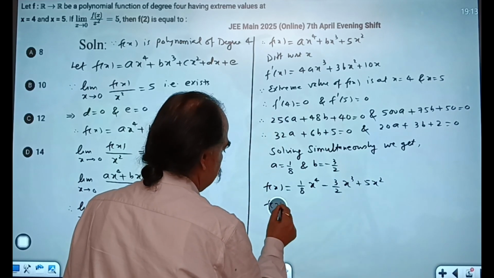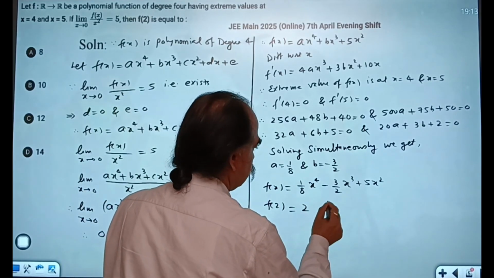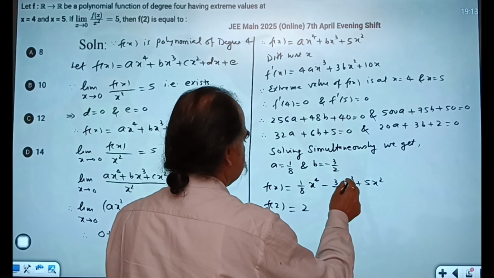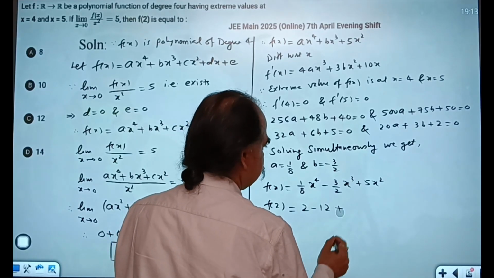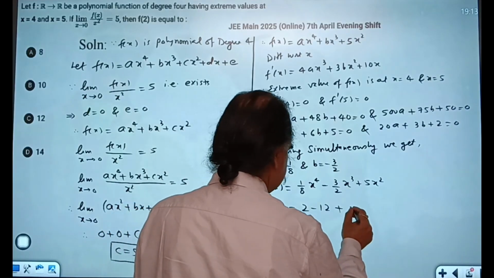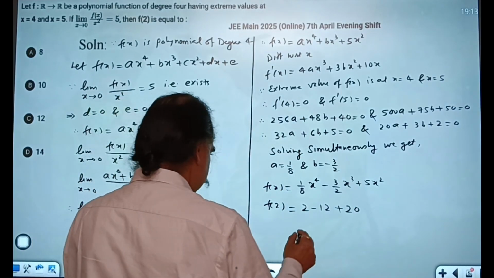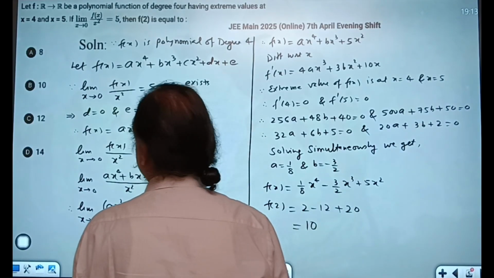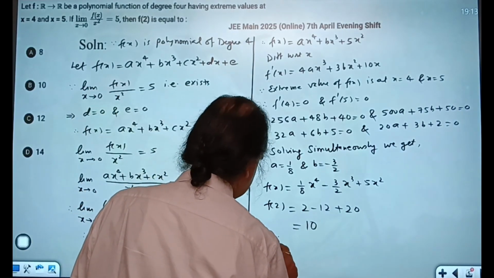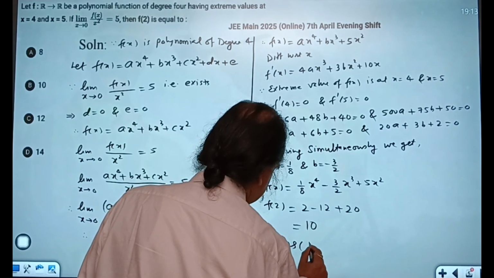Then f of 2 will be 16 by 8, which is 2, minus 3 by 2 into 8, which is 12, plus 5 into 4, 20. So the answer is B.